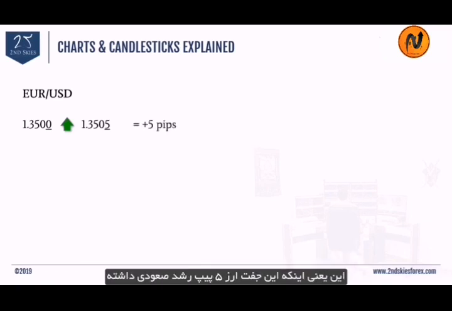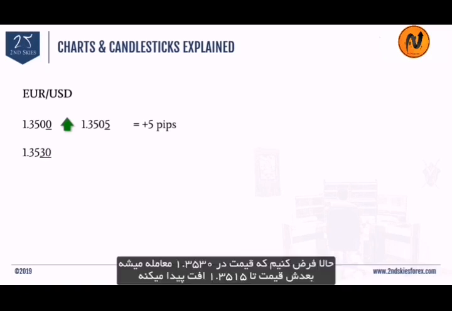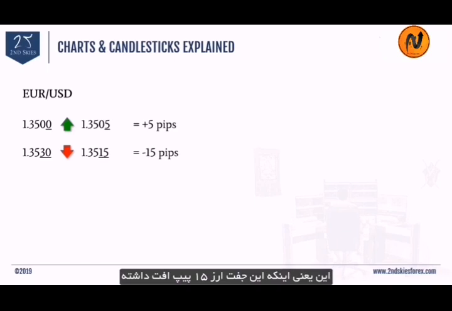That equals an increase, a bullish move of 5 pips. Now let's say it's trading at 1.3530 and it sells off. It moves down to 1.3515. That equals a decline or a sell-off of minus 15 pips. So a move of 15 pips.